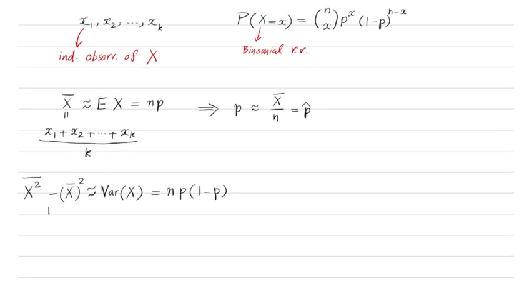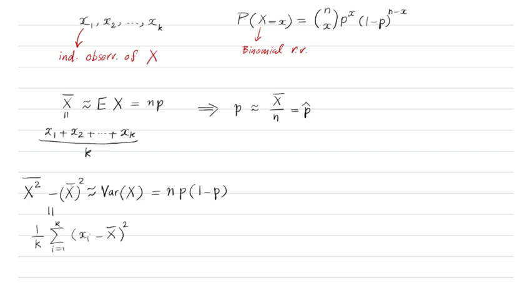This is equal to 1 over k, sigma i from 1 to k, xi minus their average squared. That's just the variance of the observations x1 to xk. So this is an approximation to the variance of the random variable X, which we know is n times p times 1 minus p.